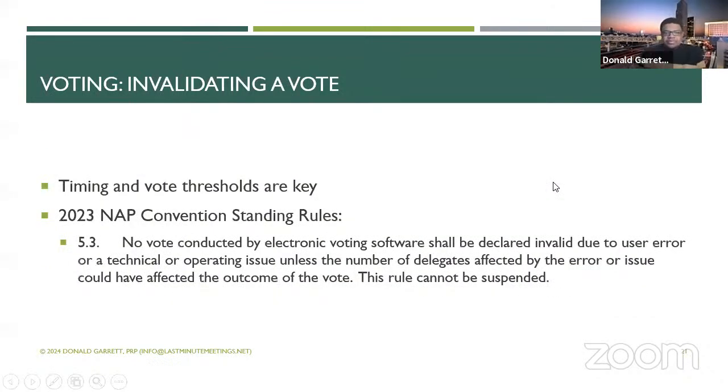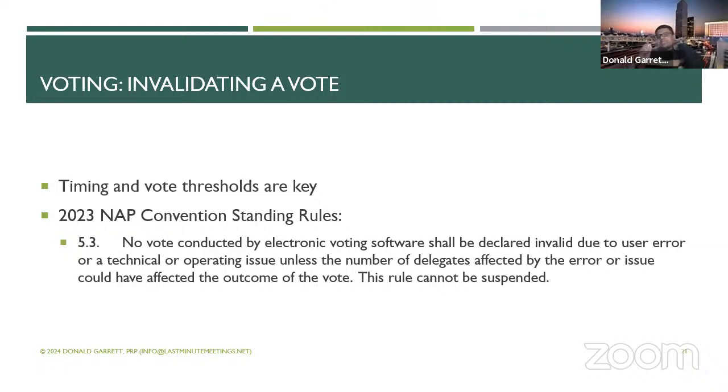And at the NAP convention, we actually put something like this in the convention standing rules. Well, in 2023 we weren't meeting electronically, but we were using electronic voting software. And so to simplify those whole paragraphs in the point of order section, we basically said that you can't declare a vote invalid due to user error or a technical or operating issue unless the number of delegates affected by that error could have affected the outcome of the vote.